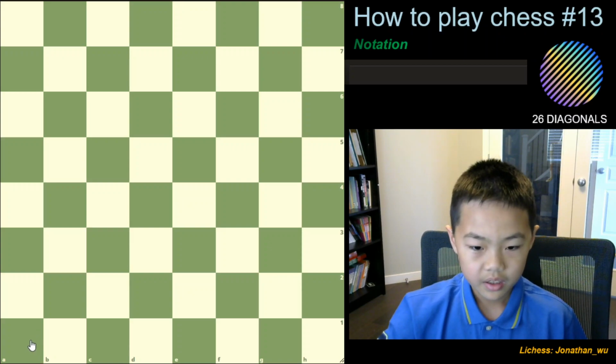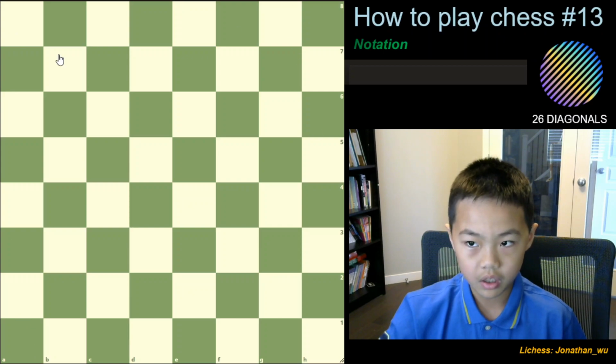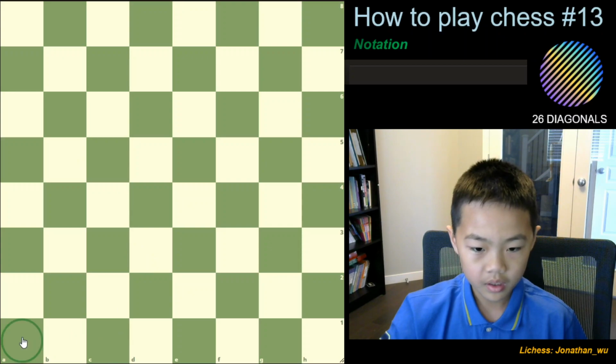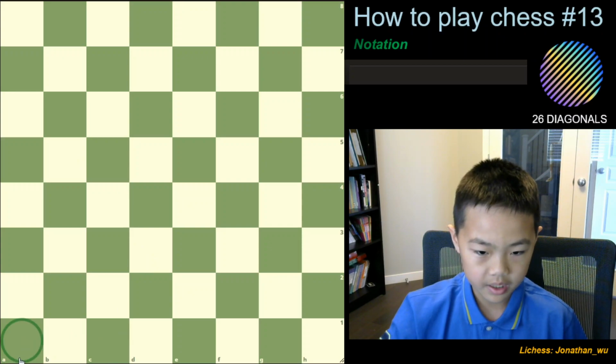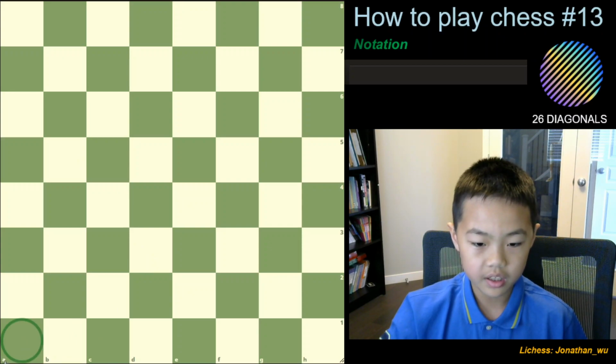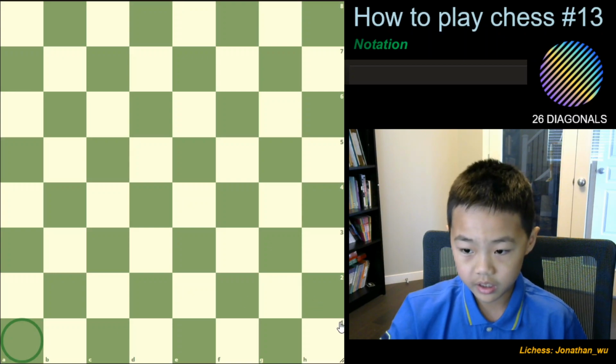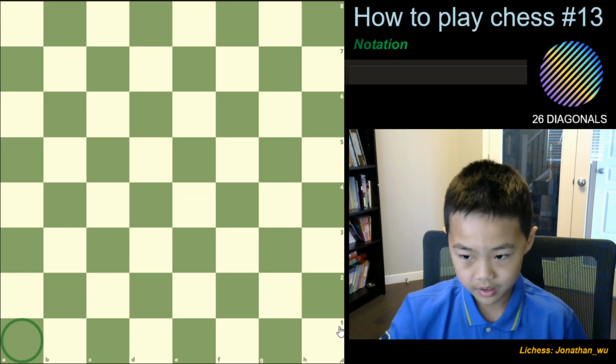First you need to know these squares and what they are called. For instance, this square is A1 because you can see this is the letter A, and this is the number 1.